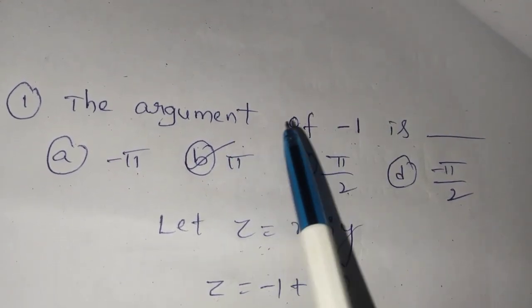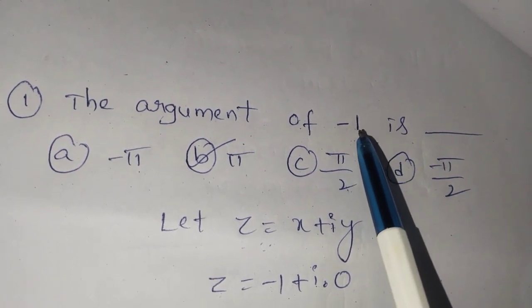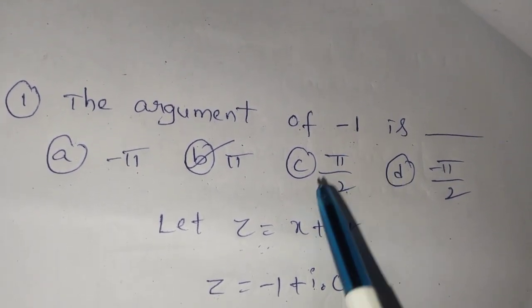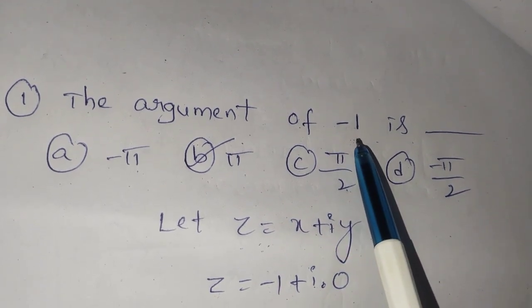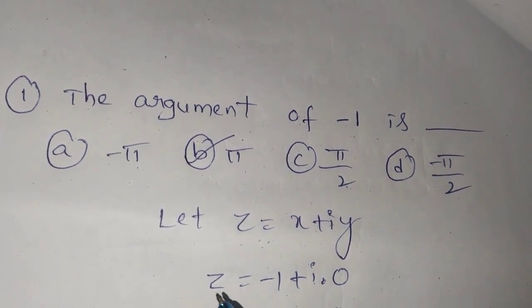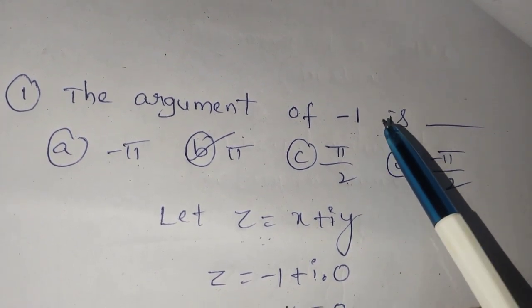The given complex number is minus 1. So now compare this given complex number with the general form. Here minus 1 is a real number. Then z is equal to minus 1 plus no imaginary part in the given complex number.